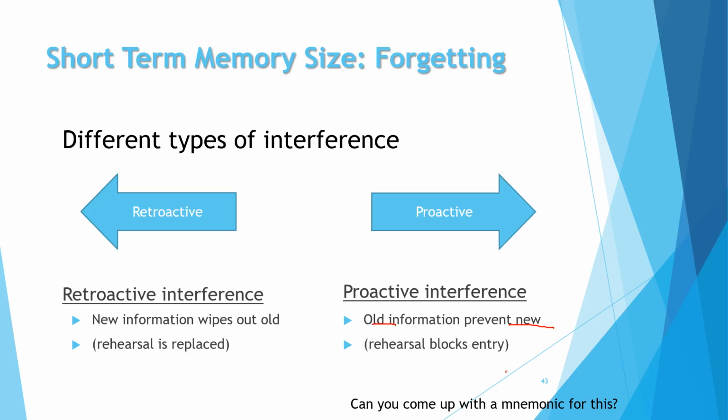Can you think of any retroactive interference problems? Well, think about all the different counterculture systems that exist. I don't know what the counterculture is right now, but I know there's hipsters.